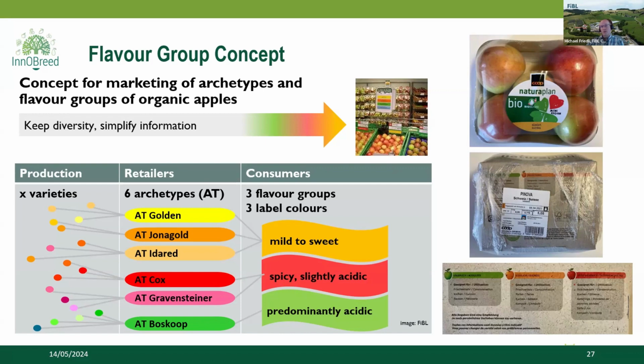Because if we talk to different retailers, they often say, yeah, you can bring a new variety, but then you have to bring this and this much of different tons. And you also maybe need to replace some variety that is already on the shelf. And with this system, you really can also go to the market with newer varieties with maybe not a big production already. This is really something that is quite useful.